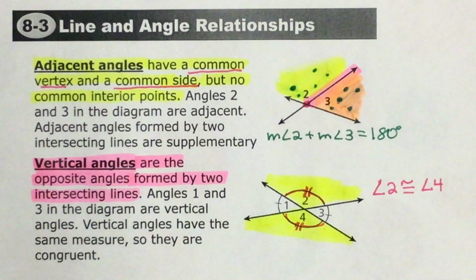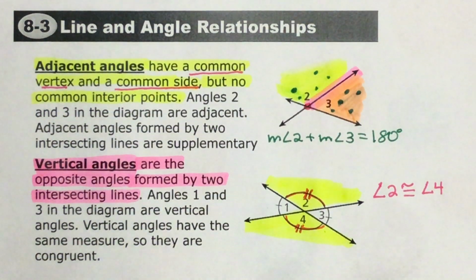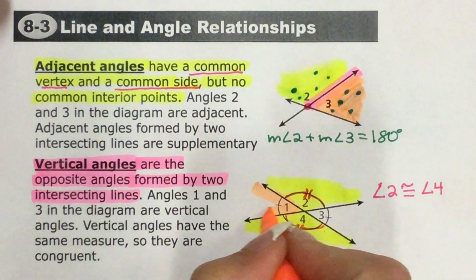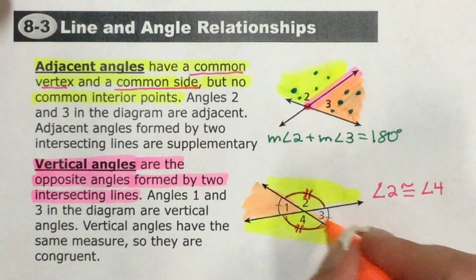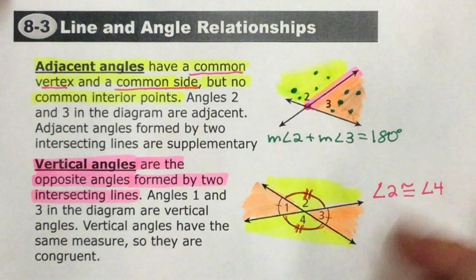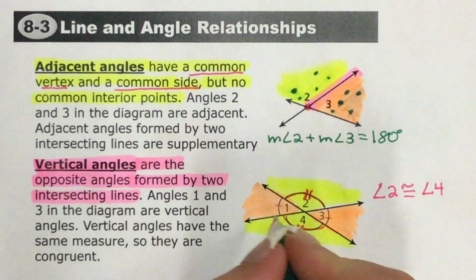But oh wait, there's more. You don't just have one set of opposite angles. There's another set of opposite angles right here. Angle 1 and angle 3. They are opposite angles as well. And guess what? They're also congruent. And you can tell that by this tick mark right there.